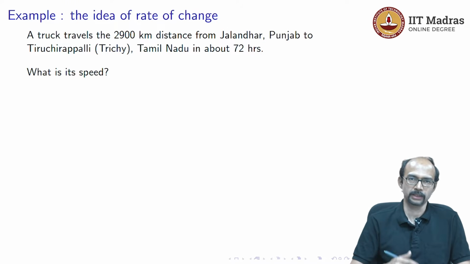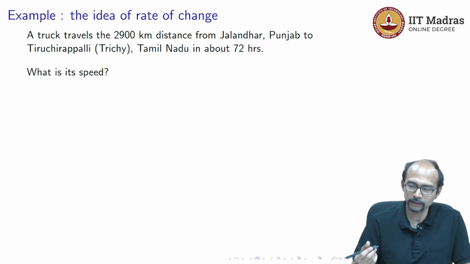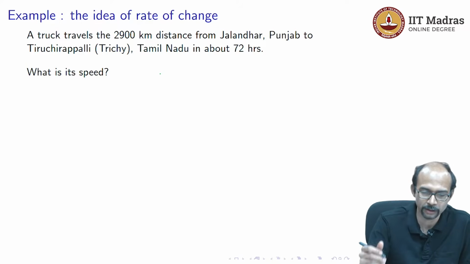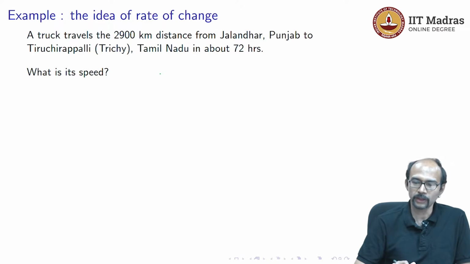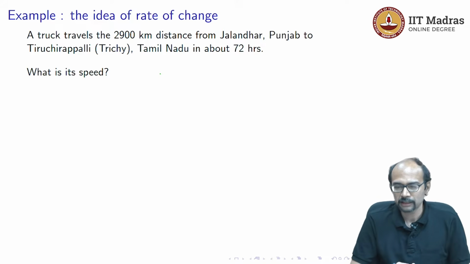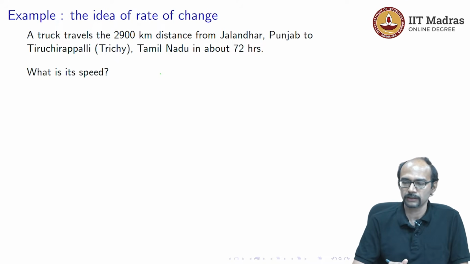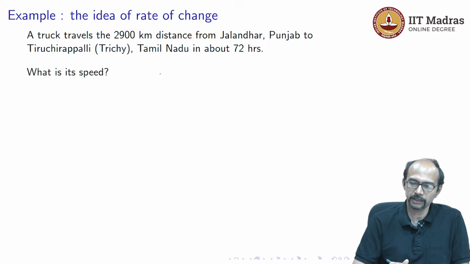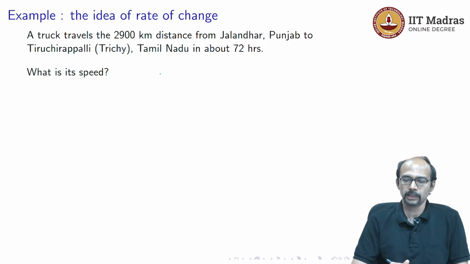If you have thought about this, I think most of you would have done the following. You would have taken the distance covered, which is 2900 kilometers, and divided by the time taken, which is 72 hours. So, you would say that the speed is 2900 by 72 kilometers per hour, which is about how much?